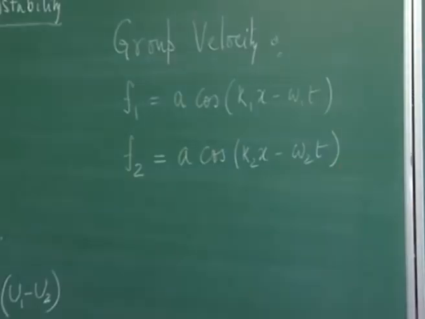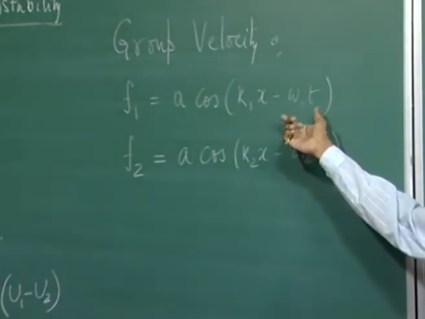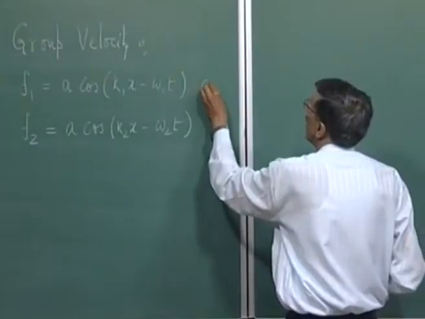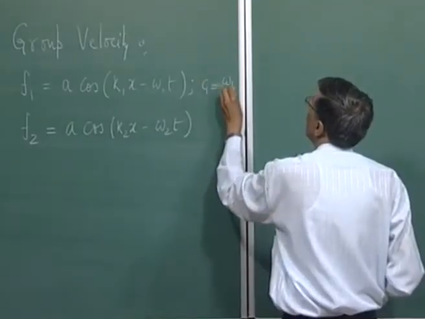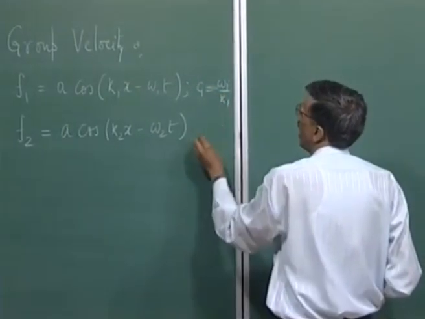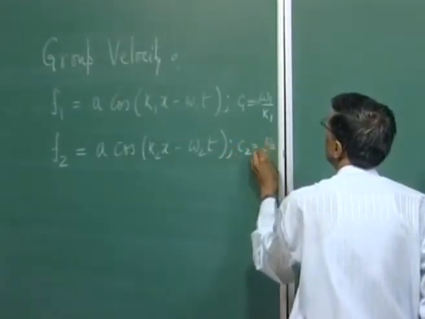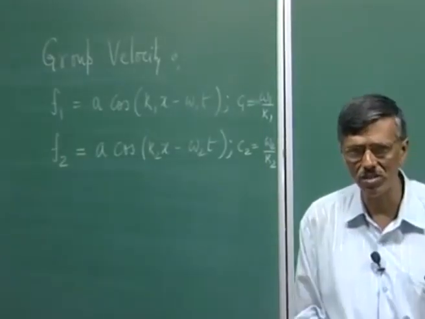Now, if these two waves are simultaneously present, each wave propagates with its phase speed: c1 equals omega 1 by k1, and for the other wave c2 equals omega 2 by k2. So, this is the speed at which the phase changes.